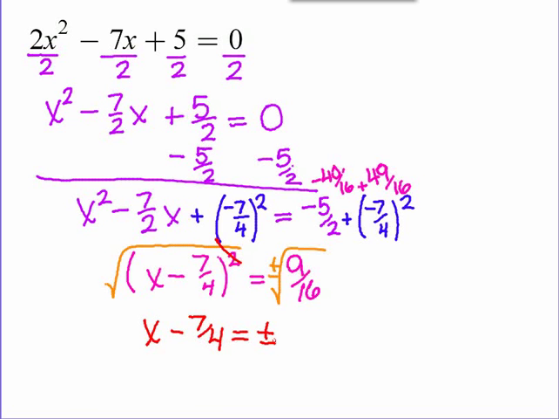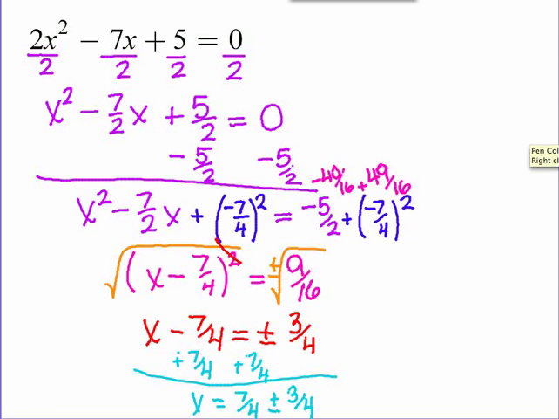This is the easy way to do that. What's the square root of 9? 3. What's the square root of 16? 4. See how that works? Next step is to do what? Add 7/4. So I end up getting x equals 7/4 plus or minus 3/4.